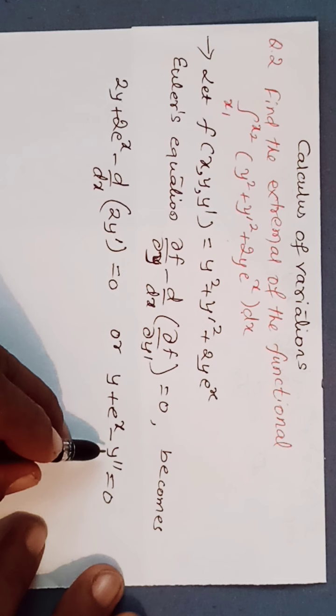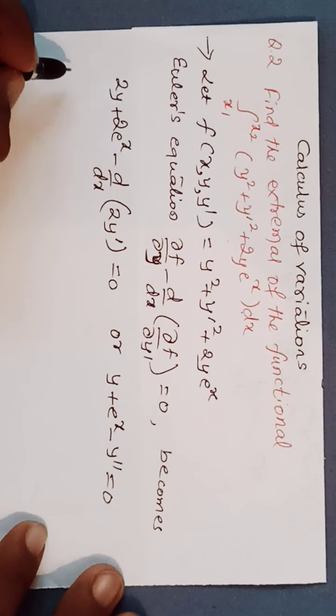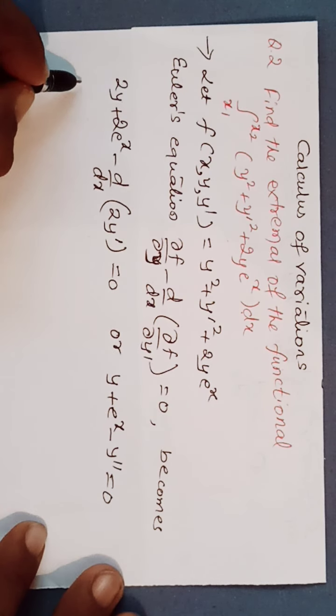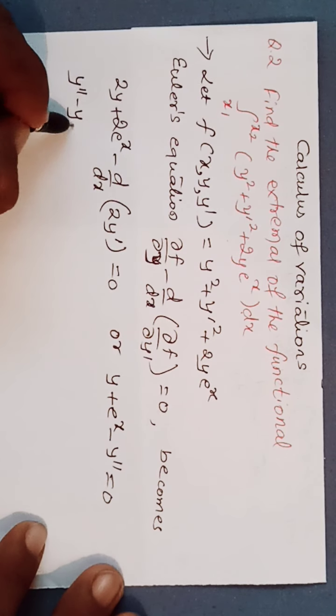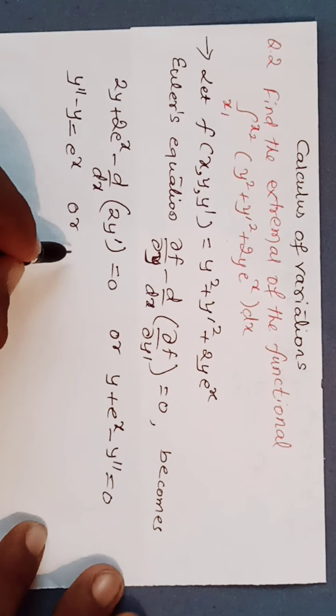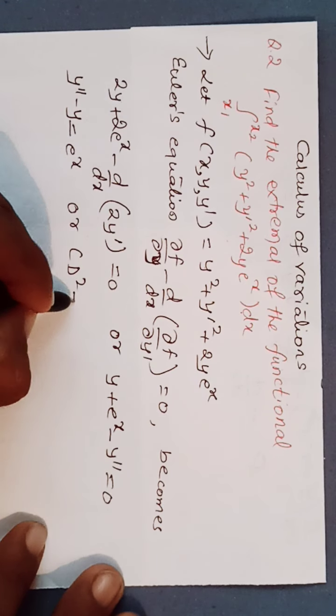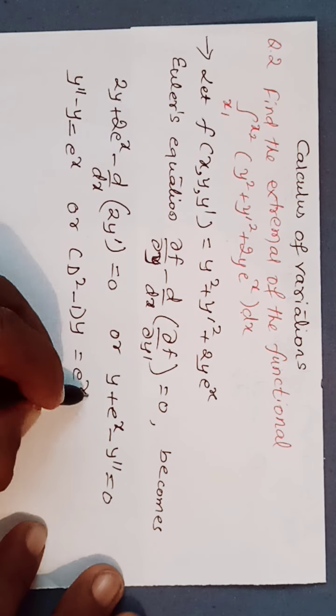or y double dash minus y is equals to e raised to x, or we can write d square minus 1 y is equals to e raised to x.